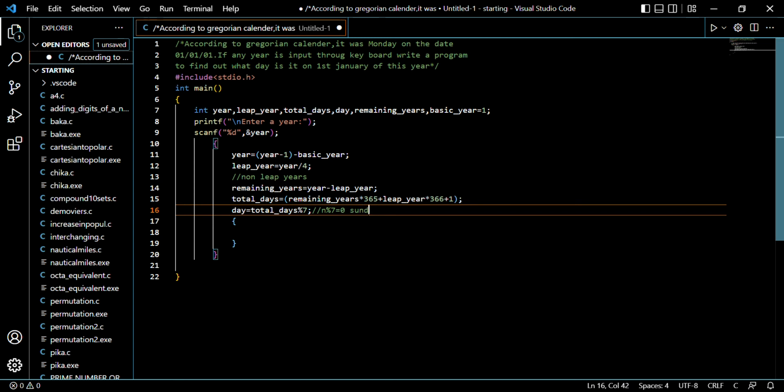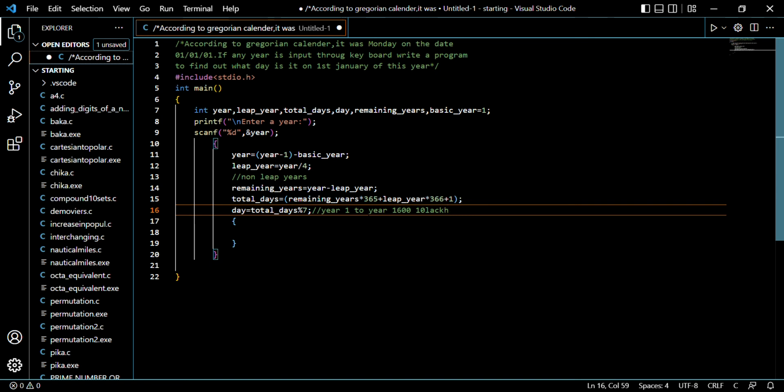See, if the total number of days from year 1 to year 1600 were some 10 million days. I'm just assuming it as 10 million days. So, okay, let's take some 10 lakh days. Fine, it's too big a number, so it's going to be 10 lakh days.